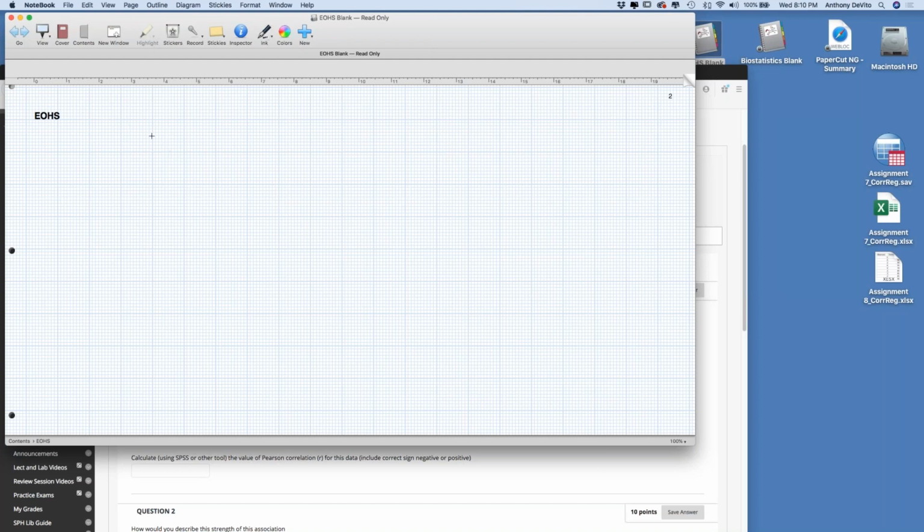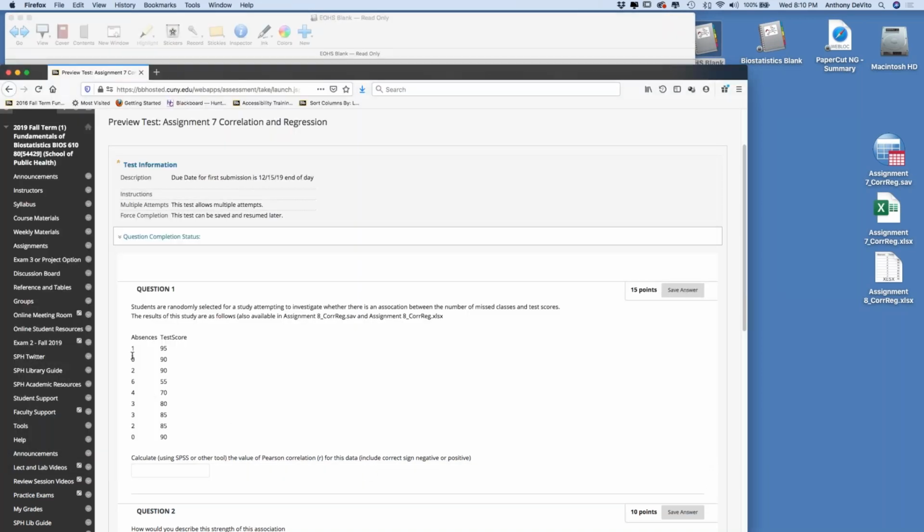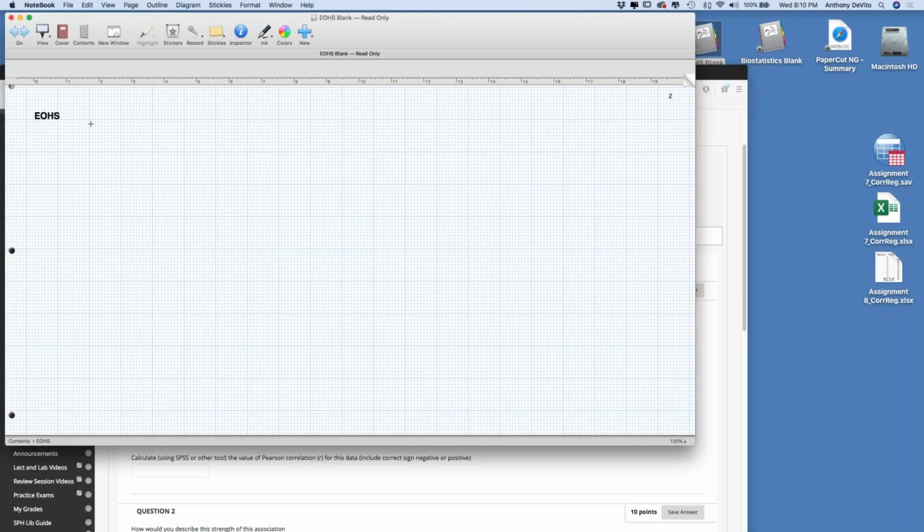Let's say that, for instance, in this situation, one absence was 95, 6 absences was 56, and so on and so forth. So if I drew a graph, this is called a scatter plot. And on the x-axis here, we put the number of absences. And on the y-axis, we put the test score.